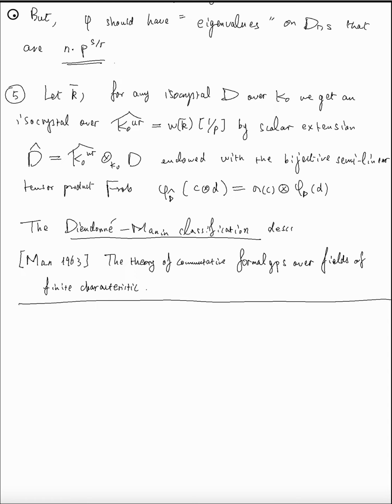That describes the possibilities or classifies the D hat. So let's mention there is a theorem for an algebraically closed field of positive characteristic.